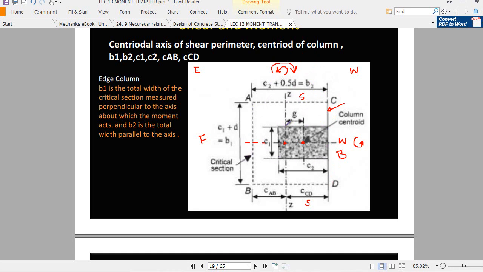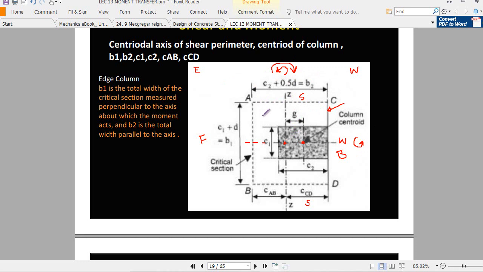Sometimes the moment about the z-axis will be counterclockwise, sometimes clockwise. This should be remembered. Similarly, about the w-axis the moment may be clockwise or anticlockwise. When the sign is changed, meaning the direction of the moment is changed, the distribution of the stress is also changed, right?